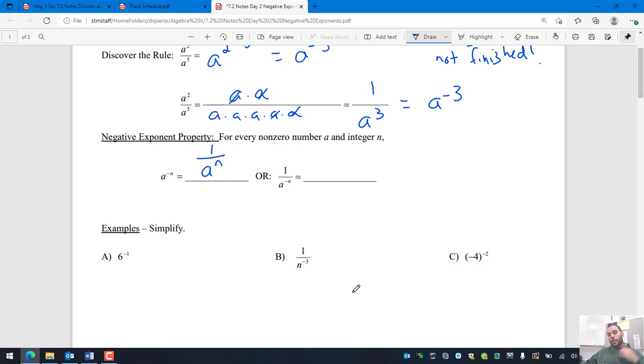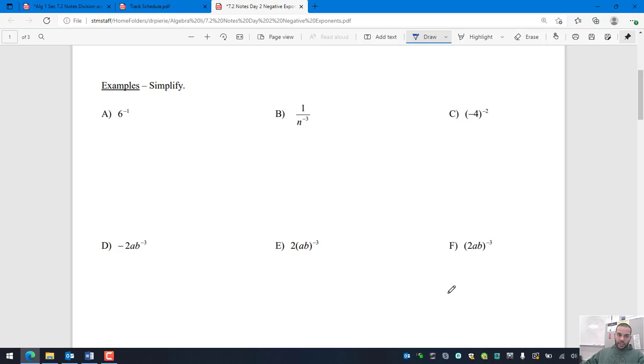Once you move it, it becomes positive. But also, if you have a negative exponent in the denominator, all you have to do is move it to the numerator and make it positive. So this should be the exact same thing as just plain old a to the nth power once it moves to the numerator. Okay, so let's do a few examples.